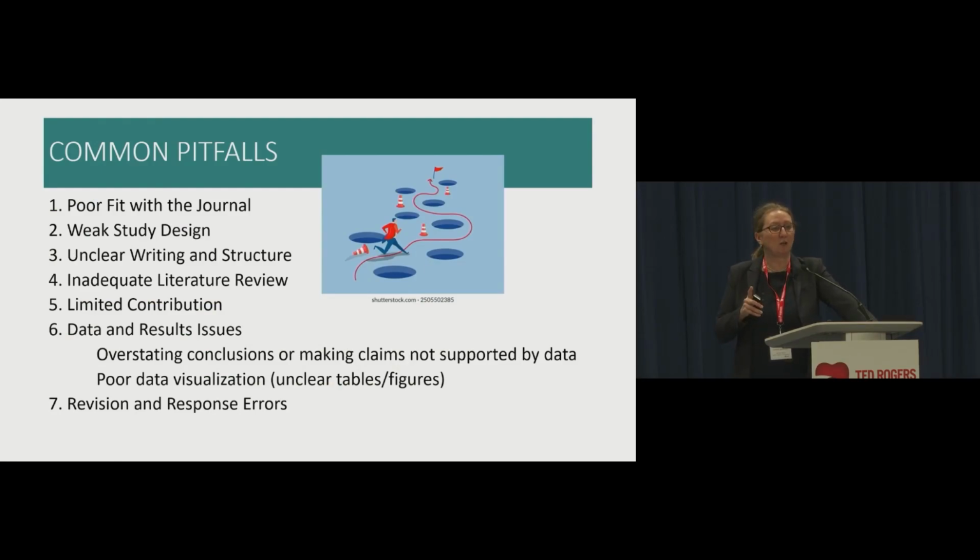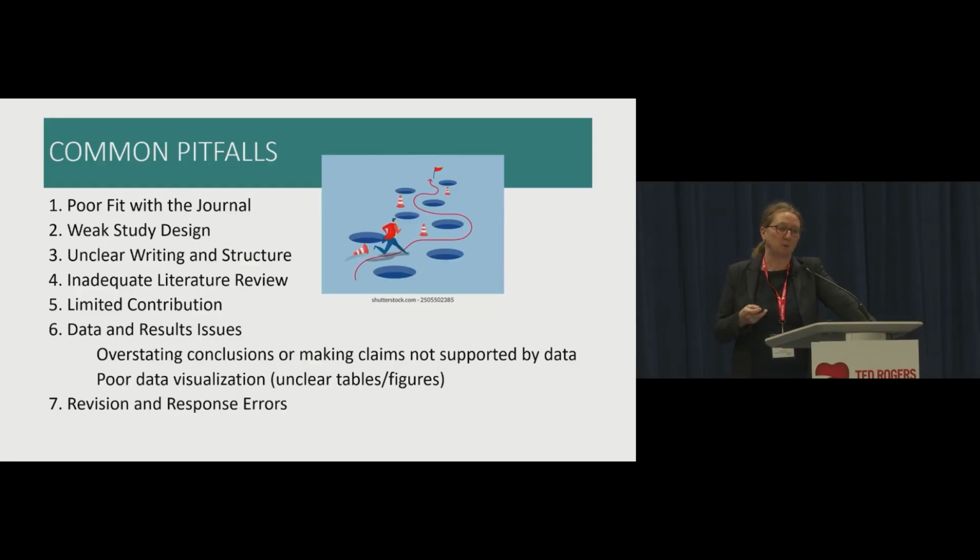I just want to talk about some common pitfalls in this whole process. The first, as I said, is finding the right home for your paper, and it is worth trying to really see if your paper is aligned with certain journals, because as I said, it wastes less of your time, and you're more likely to get it moving through the system and get reviews, and then you can revise and ultimately get your paper published.